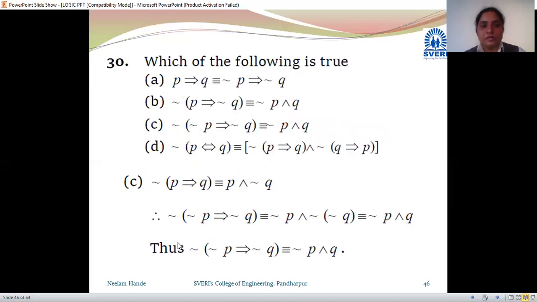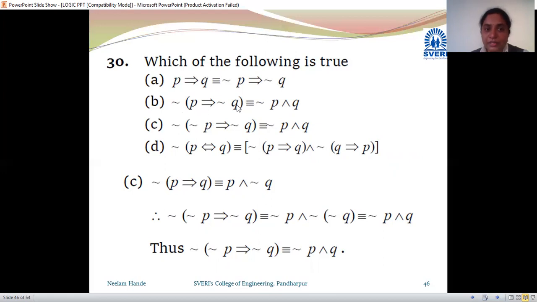Next question. Which of the following is true? We have to check the nature, whether it is true or false. So if we have some formulae, we can check. P implies Q. It doesn't mean that negation of P can also imply negation Q. So this is not true.